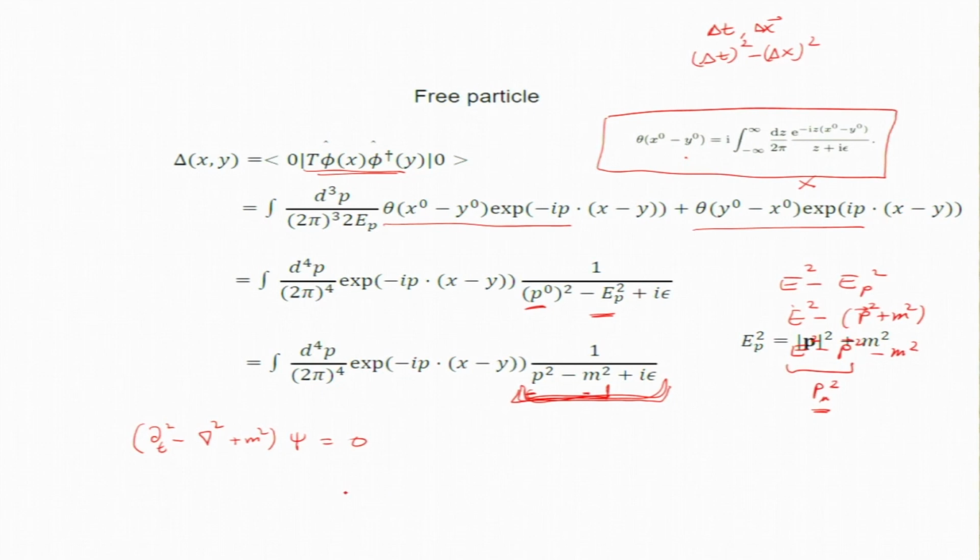So, this is basically the Green's function inverse, G inverse. dt squared will give us minus omega squared, I omega. The Laplacian will give us k squared, plus M squared.